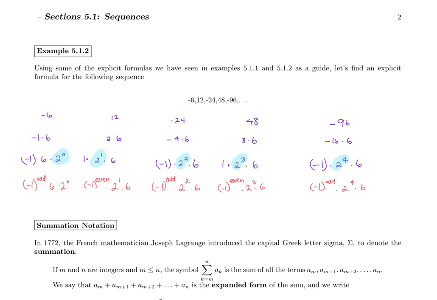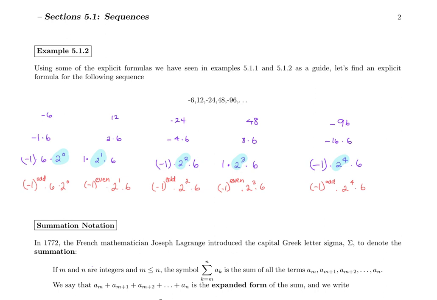So this is where we can choose our k in different ways. We could split the 6 up into 2 times 3, and then we would add another power of 2 to every one of those 2's. We would end up with 3 times 2 to the 1, 3 times 2 to the 2, 3 times 2 to the 3.